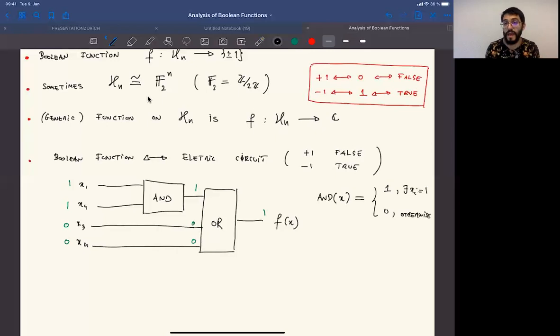And the AND gate is the opposite: it is 1 if every xi equals 1 and 0 otherwise.